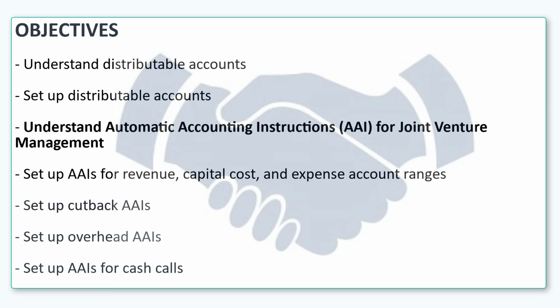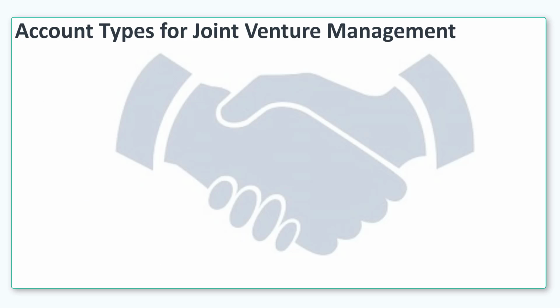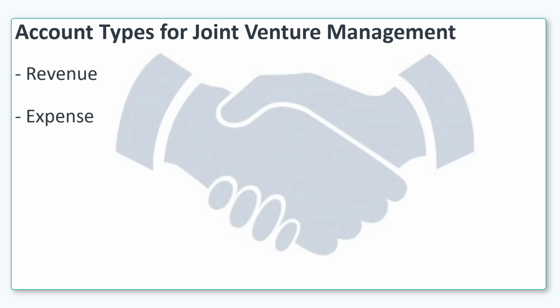Now, let's understand the AAIs that are required for joint venture management. AAIs are rules that define the relationships between your day-to-day accounting functions and your chart of accounts. After you have identified the accounts that are included in the joint venture, you must set up AAIs to identify revenue account ranges, expense account ranges, and capital cost account ranges for joint venture management.